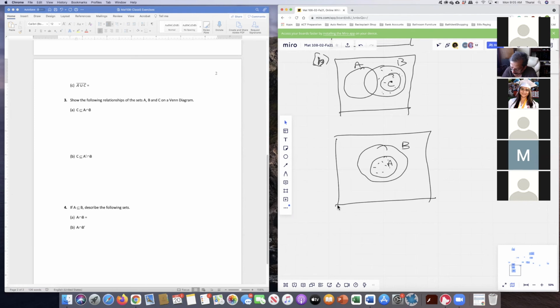A union B is the same as A and B combined. So A intersection B can never be equal to A union B. So that's not correct. But look at this picture. A is inside B. Then what can you say about A intersection B? That's our question.